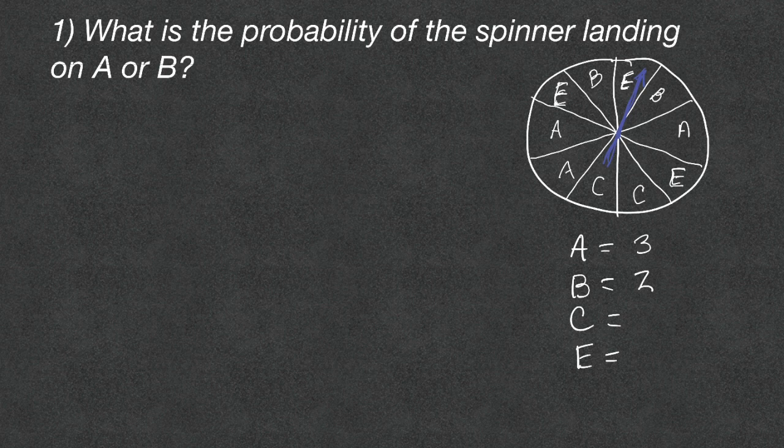Well, I only see 2 C's. And for the E's, I see 3. So checking that again. I see 3 A's, 2 B's, 2 C's, 3 E's. Okay, so that's important to start with. And how many altogether possibilities do we have?